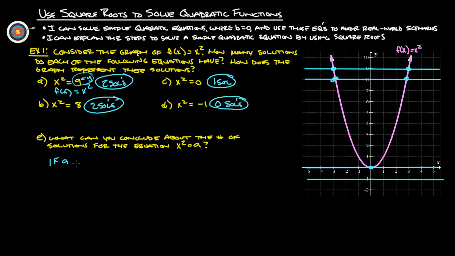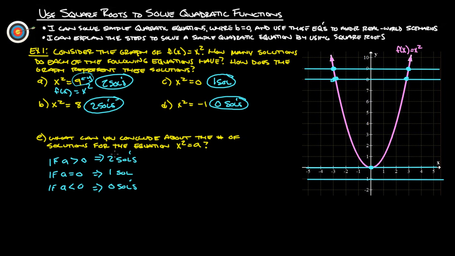If a is greater than 0, that means 2 solutions. If a equals 0, that means we get exactly 1 solution. And if a is less than 0, we get no solutions.